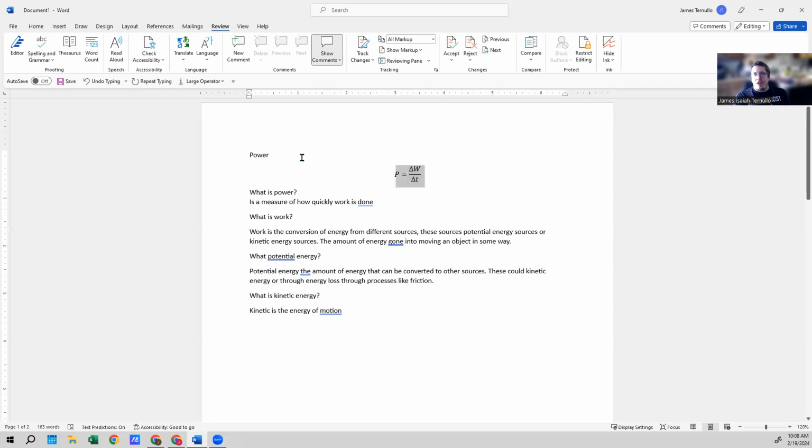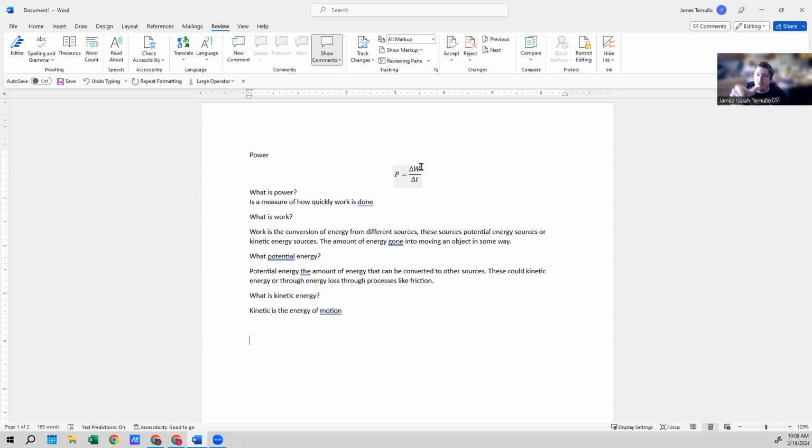So the whole gimmick behind power and the physical side of it is, by its definition, how quickly work is done. So if we have some kind of object, maybe we're standing on top of a building on the roof and we want to drop a ball, before we drop that ball, it is loaded with potential energy.